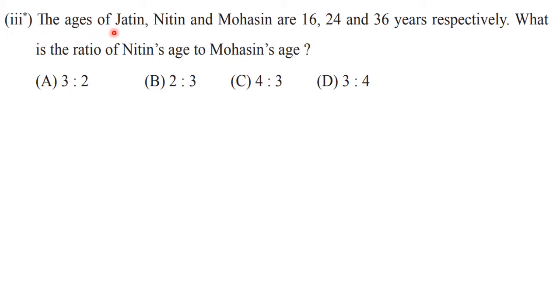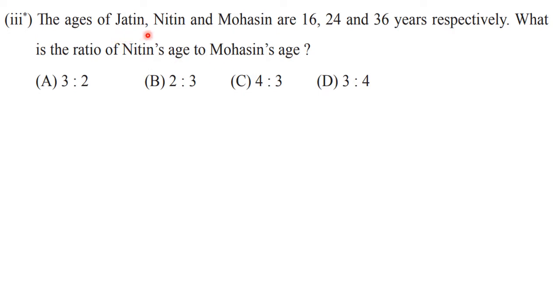The ages of Jatin, Nitin and Mohsin are 16, 24 and 36 years respectively. What is the ratio of Nitin's age to Mohsin's age? Now here they have provided three different persons and their ages. But while asking the ratio, they have asked only about Nitin and Mohsin.